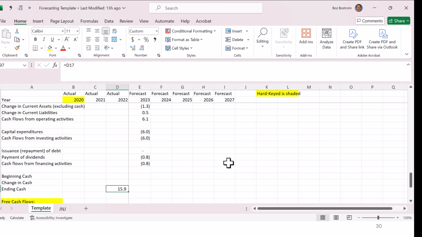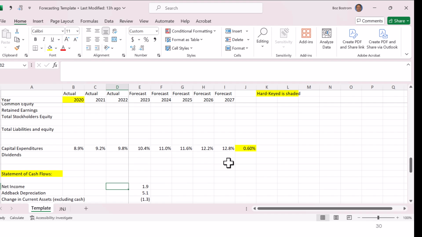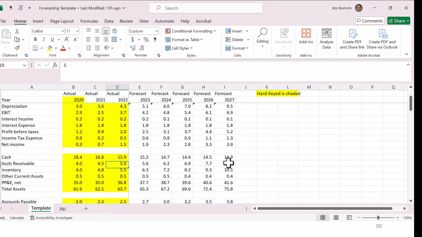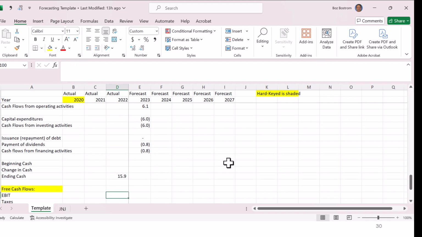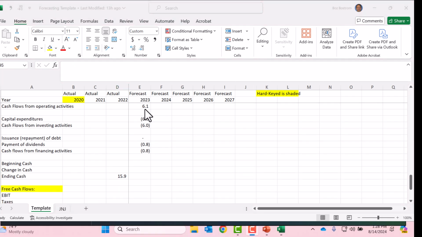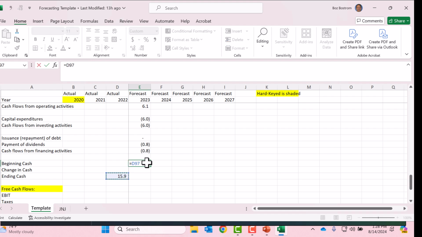Now you can see my ending cash I've already linked here from the previous year, to D17. Okay, so what I want to do then is with beginning cash linked to previous year's ending cash, you'll see why in a moment.